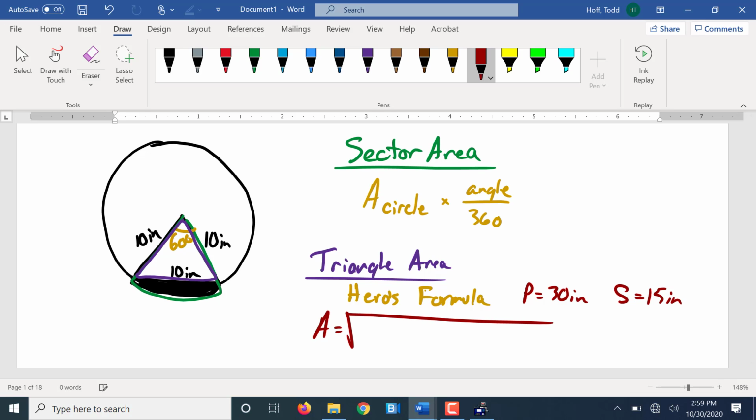So the area is the square root of 15 times 15 minus 10 times 15 minus 10 times 15 minus 10. Remember, it's the semi-perimeter times the semi-perimeter minus each side. Since all the sides are 10, those all end up being the same. There you go. I'll let you guys take that one from there.